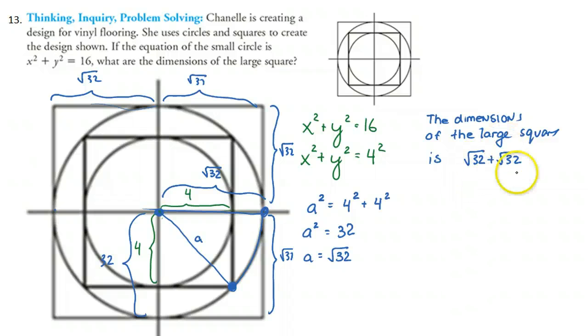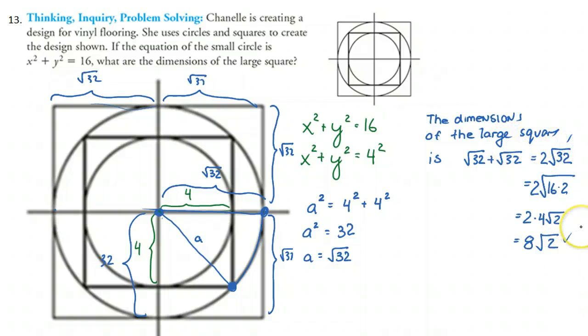Again, I could get my calculator out here and work this out, but I'd have 2 root 32s, and I'll just leave it like that. Some students might do this: 2 times root 16 times 2, and take the square root of 16. So we get 2 times 4 root 2, which is 8 root 2. Again, whether you leave it like this or like this, either case is okay.